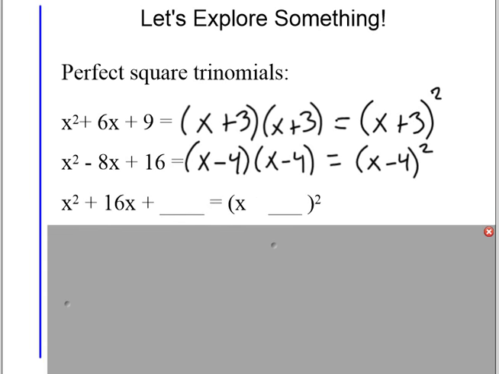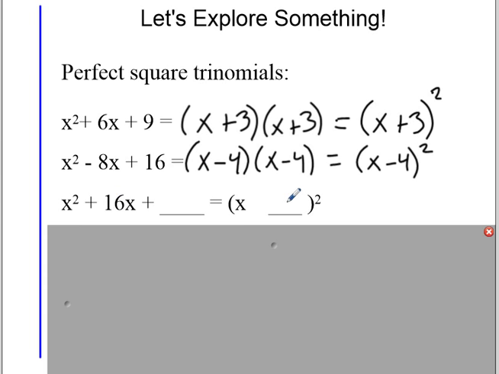We can start to fill in the blanks and ask ourselves what number should go here so that we can actually create a perfect square. Well, if you think about what two numbers can make 16 that are exactly the same thing, because remember we have 3 and 3 and 4 and 4, what and what makes 16?